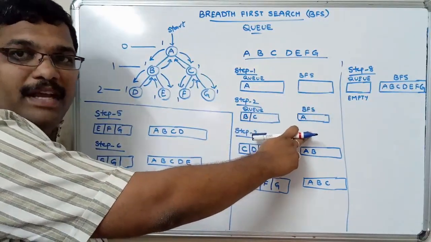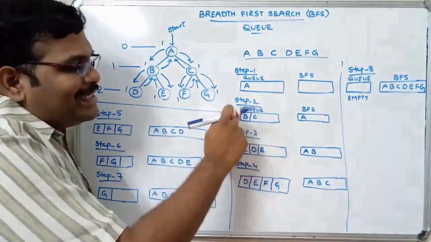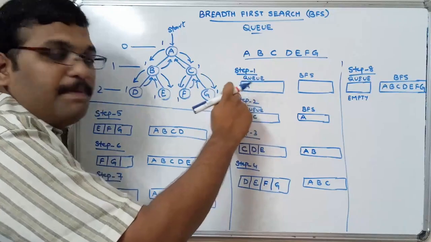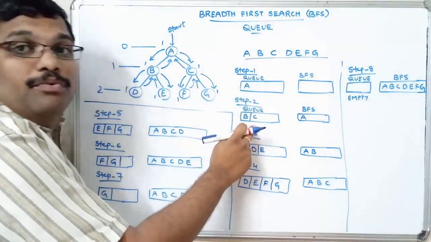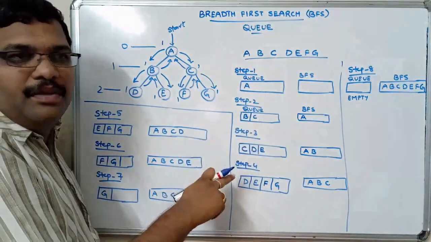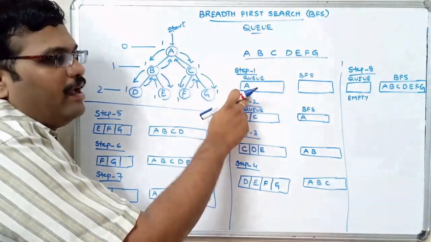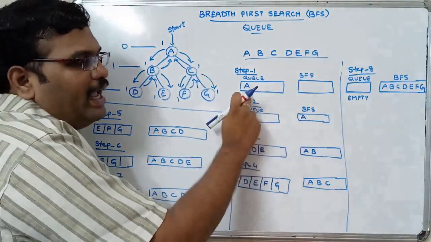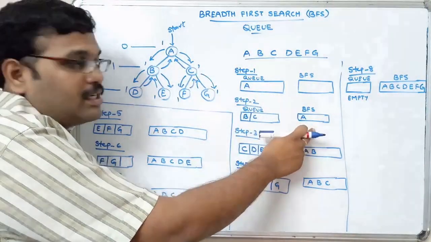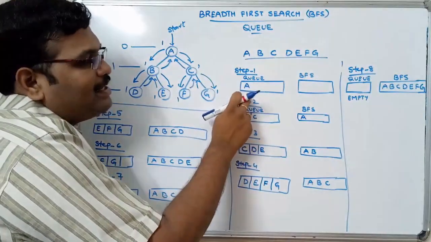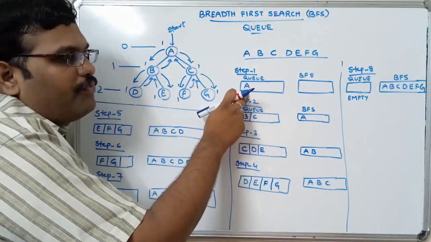Place it in the BFS and insert all the adjacent nodes of that particular node into the Q and follow the same procedure. So first we have inserted A and we have removed A and placed it in the BFS, and we have to insert the adjacent nodes of A into the Q.